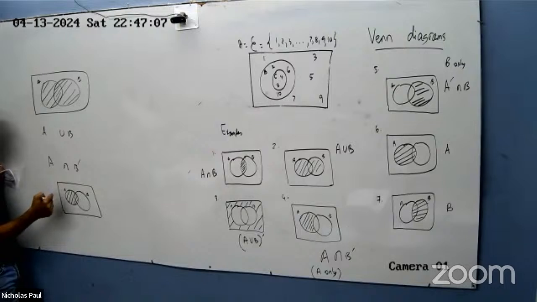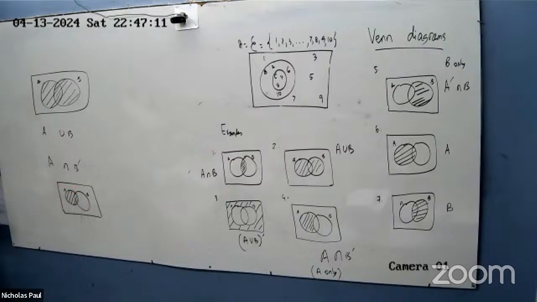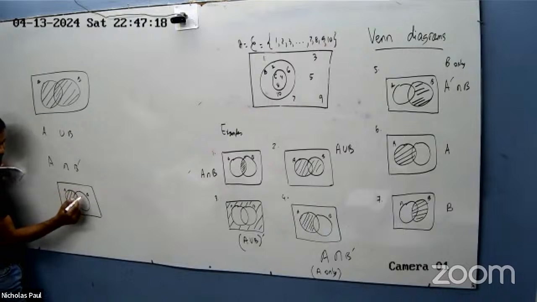B complement is everything outside of B. Everything outside B, so instead of going this way, I'm going the opposite way. Everything outside B, I'll start here.